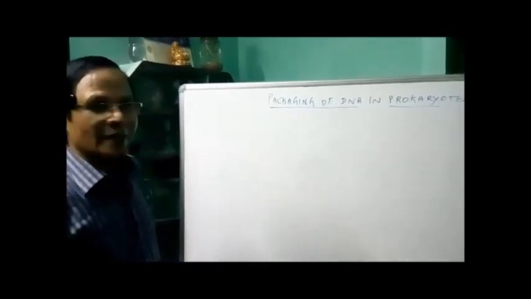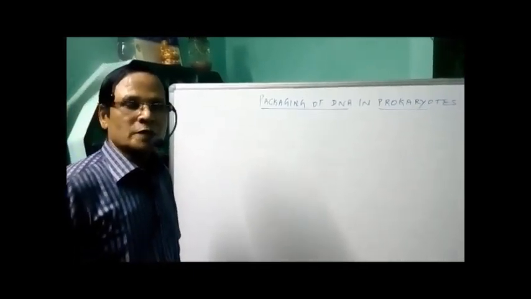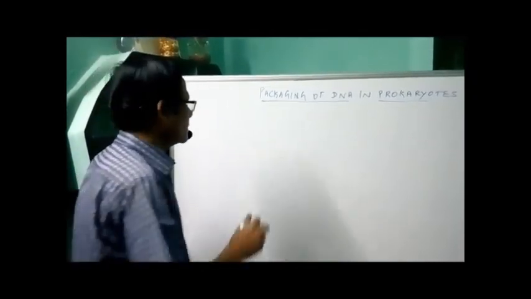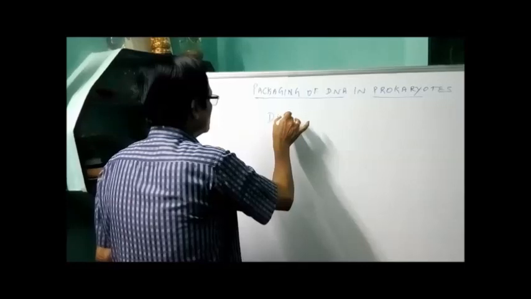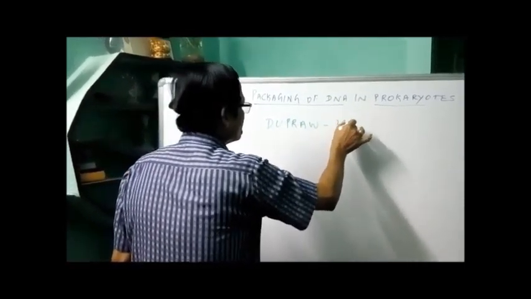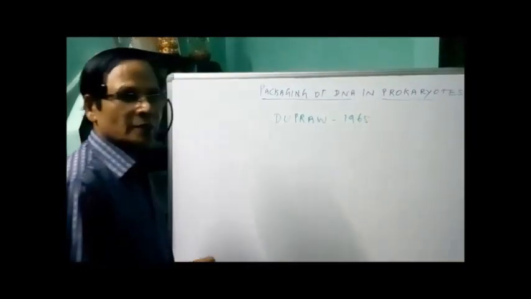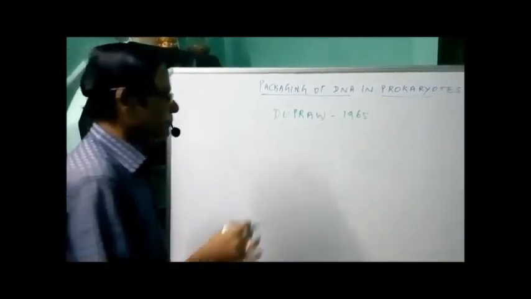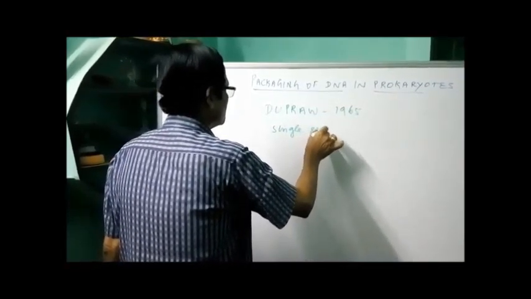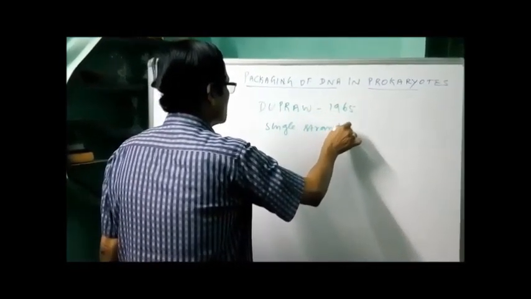The chromosomes are the carriers of genes which are responsible for the transmission of characters. A person by name Duprat in 1965 gave a single stranded model for DNA.